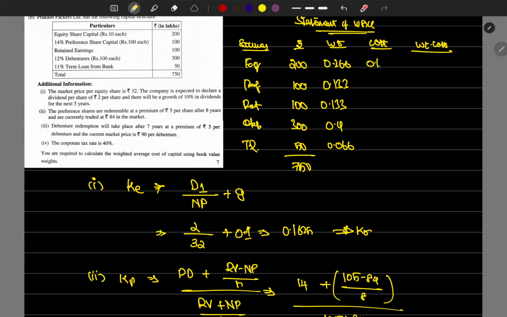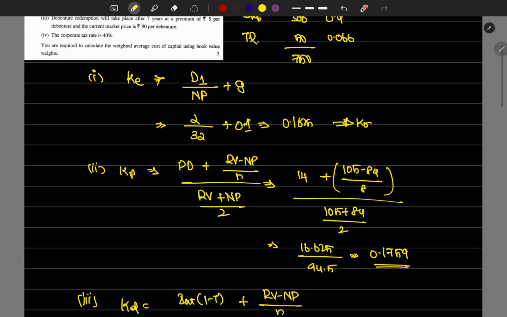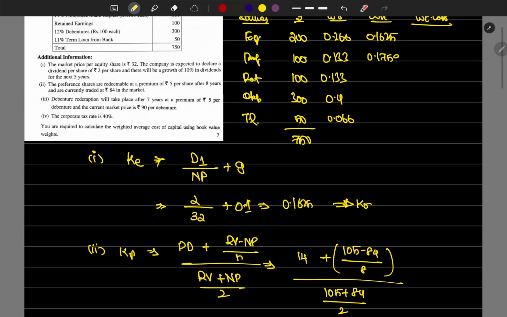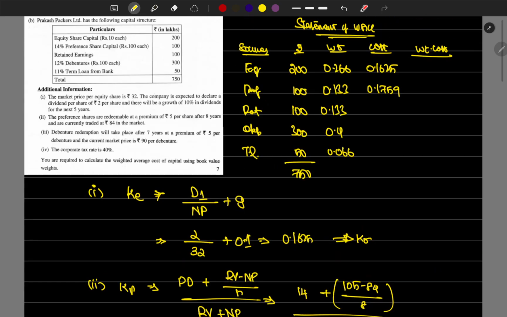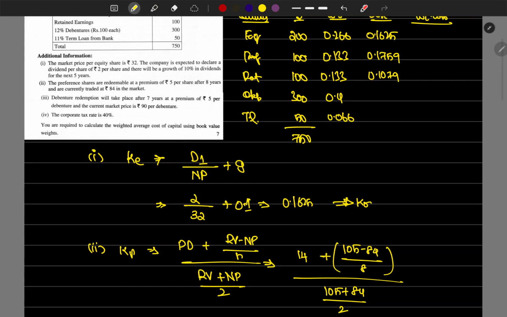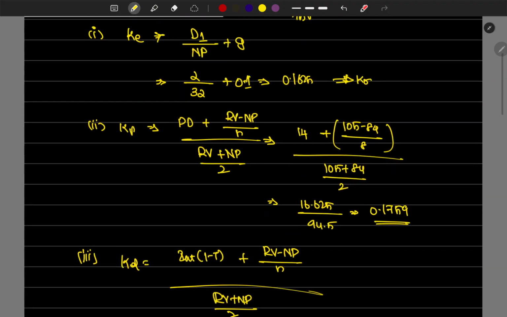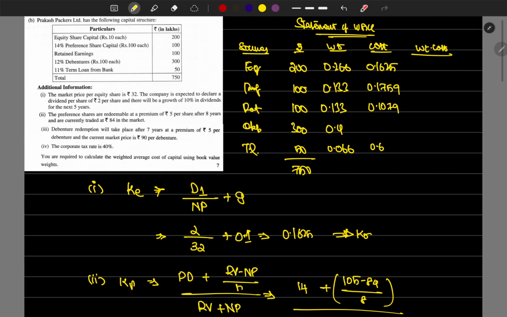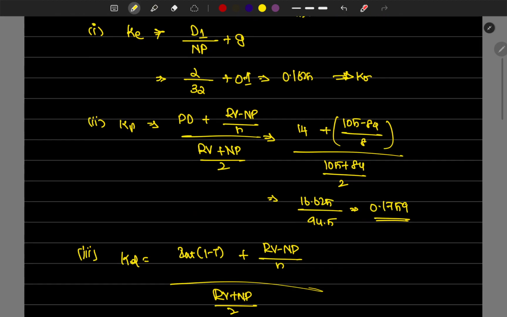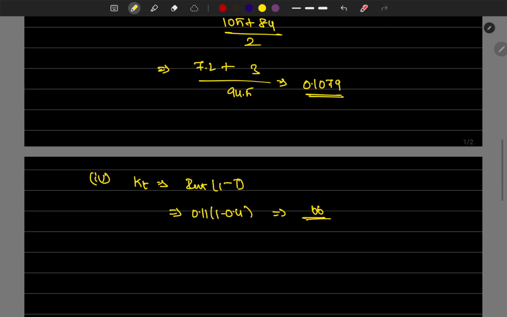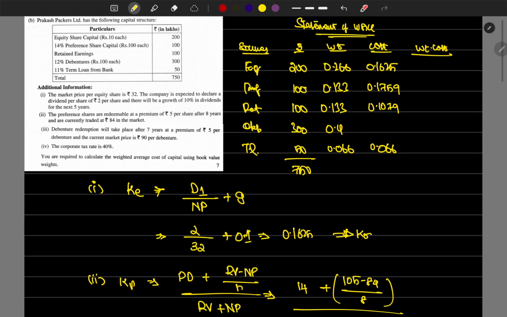What are the costs we have? For equity, 0.1625, for KP 0.1759, for KD 0.1079, and for KT 0.066. We missed a 0 there. Retained earnings is also 0.1625.